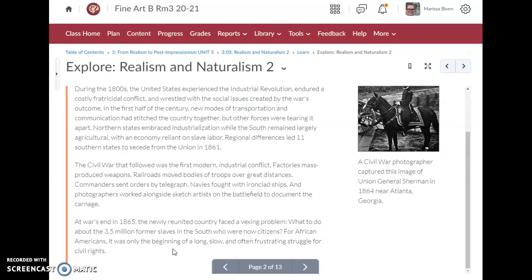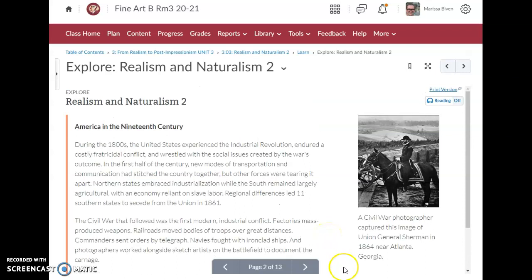So the war is over, but now we have 3.5 million people that were slaves a few years before, and now they're brand new American citizens. And that is basically the start of the American civil rights struggle and movement.